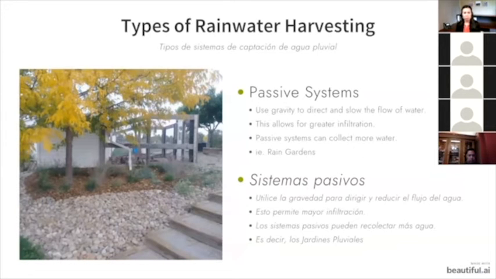And then the other type, which we'll be talking about today, is passive systems, which is a rain garden, and this uses gravity to direct and slow the flow of water. This allows for greater infiltration, and passive systems can collect a substantially greater amount of water than active systems.